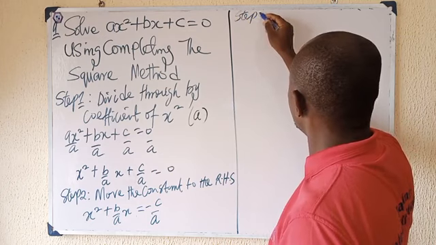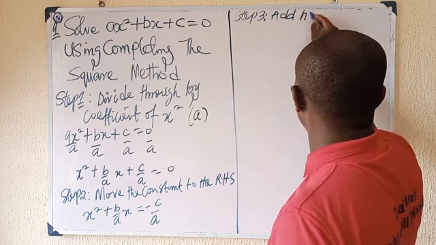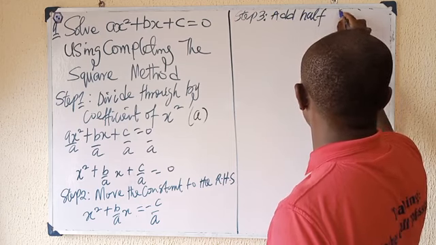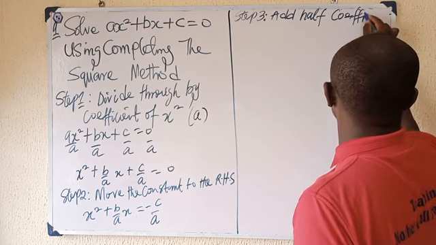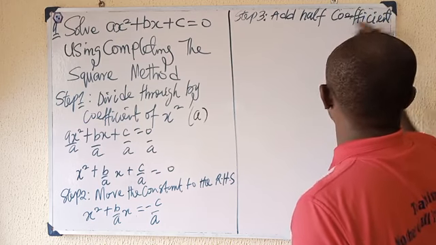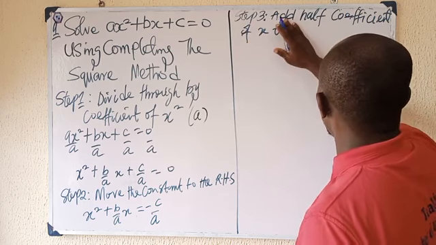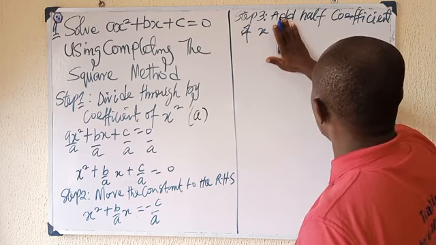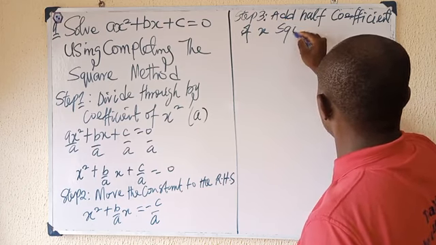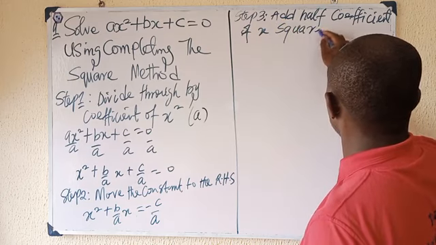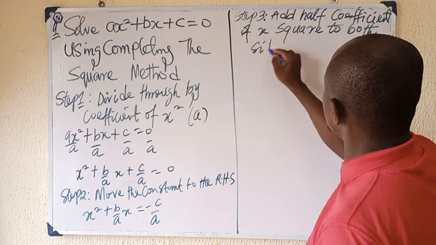Step 3 says add half the coefficient of x, squared, to both sides.